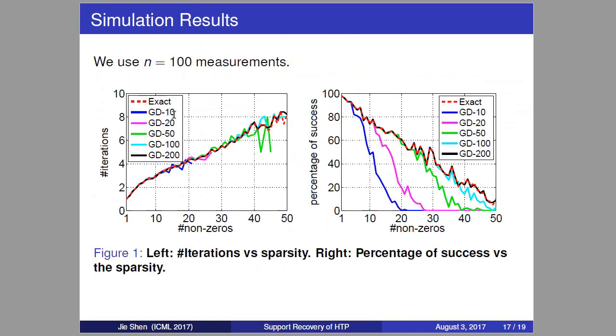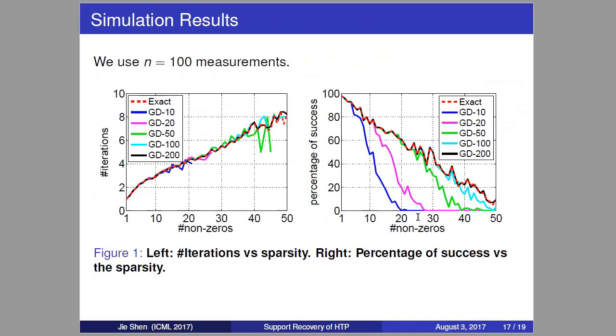Likewise for GD-20, GD-50, and we tune the sparsity from 1 to 50, and we find that the iteration number is roughly linear with sparsity. This agrees with our theoretical analysis. We also investigate the percentage of success against the sparsity.